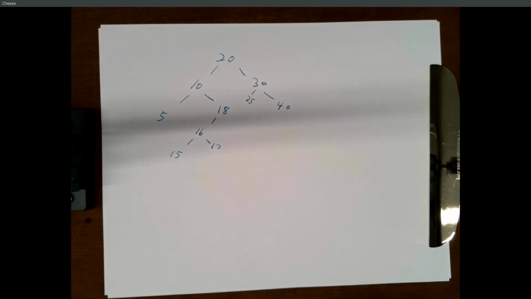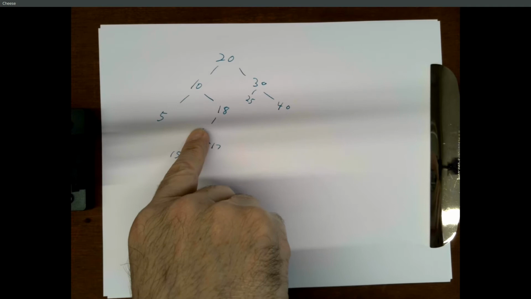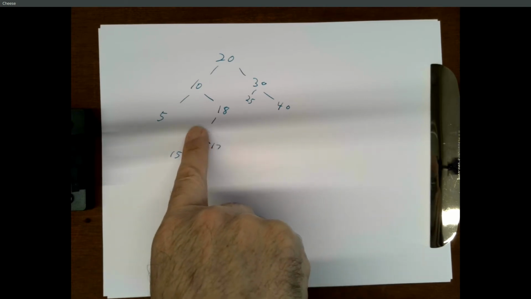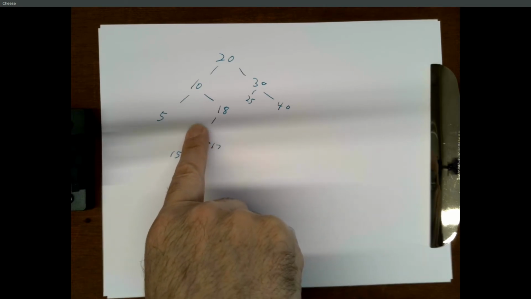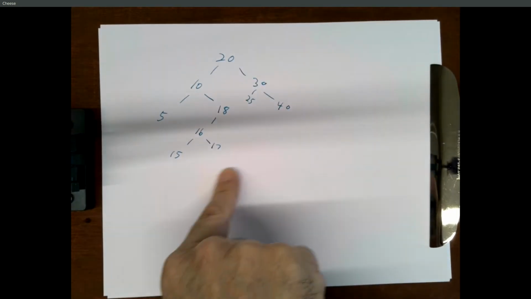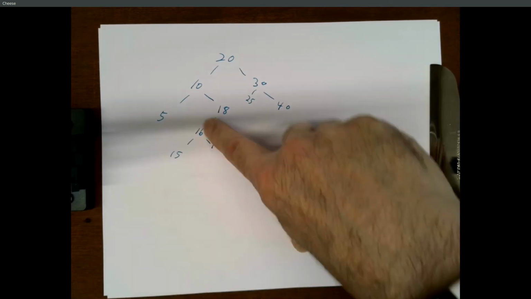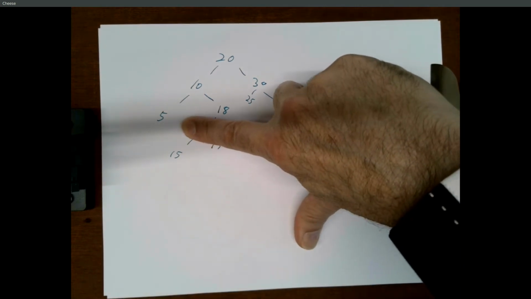There's a few things we need to make sure happens. We want to remove the node, say we want to delete the 16. The 16 has to disappear. We have to make sure that this is still a binary search tree. If we just delete this node, 15 and 17 become orphaned. They've lost their parent. There's no way to get to them if this node just goes back into the memory pool.